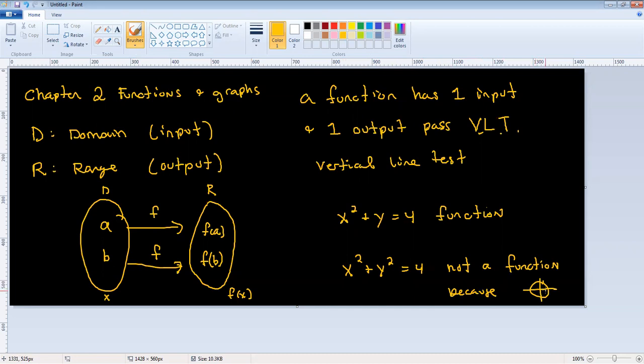If you do the vertical line test, it's going to fail, because if you draw a vertical line right here, you're going to get two outputs, a value here and a value here, and that's not going to work.